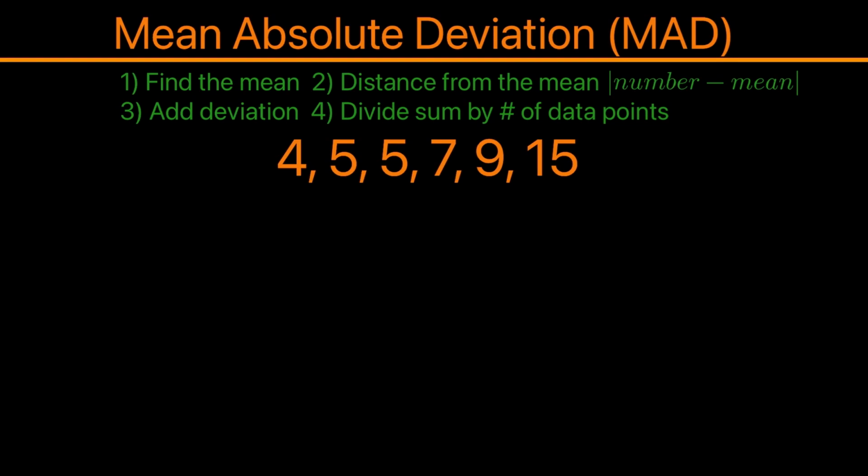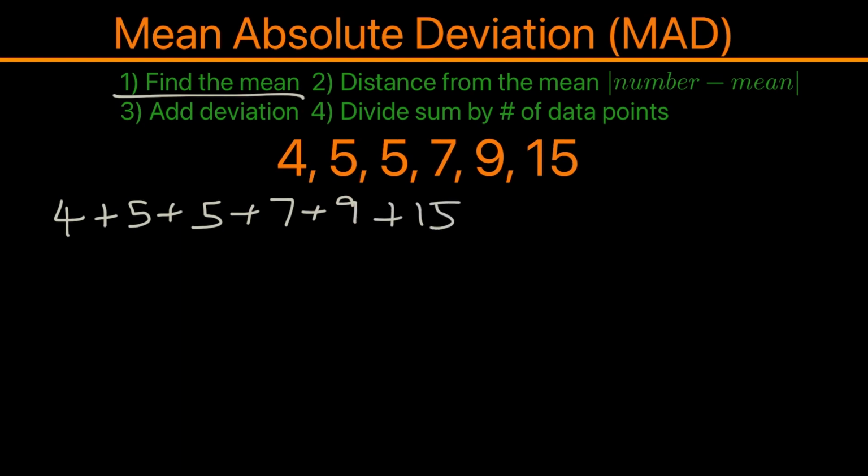Below is an example of a data set. So the first thing we need to do is to find the mean. And mean is the average. So we would take 4 plus 5 plus 5 plus 7 plus 9 plus 15.